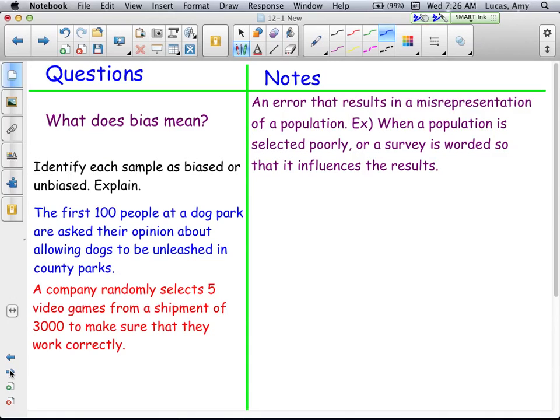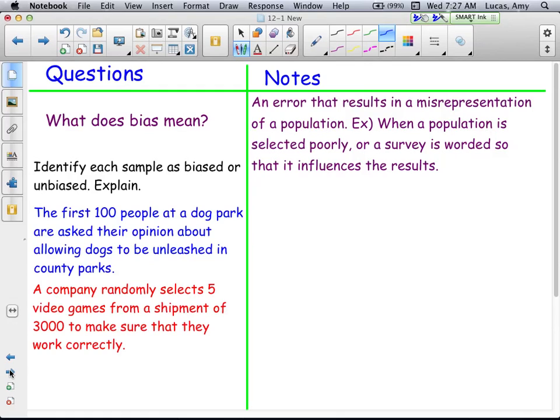So for example, when a population is selected poorly, like they're not representative of the group. If we go back to the lunch survey, if the principal's going to carry out a lunch survey and they want good results, they should really make sure that they're not asking all of the students that are in, say, 6th grade, because that might be a different group, opinion-wise about lunch compared to the 7th or 8th graders.